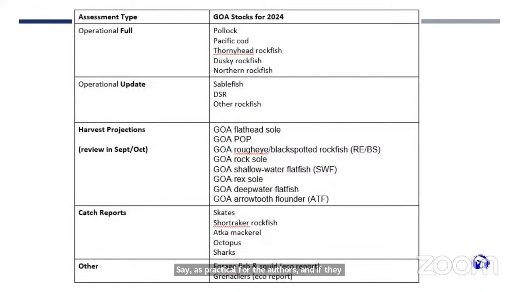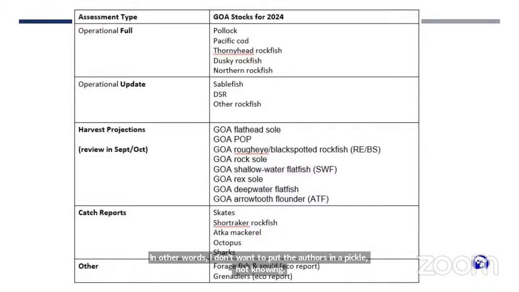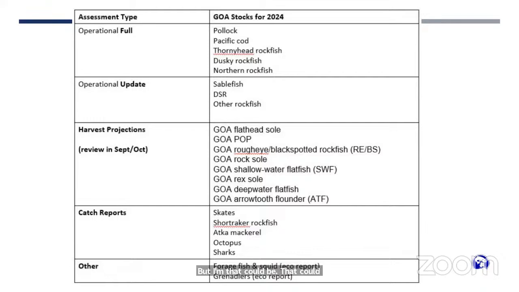If not, we can default to what has currently been used and just delay it for another year. In other words, I don't want to put the authors in a pickle, not knowing their timing. But that could be another way to do it. Say this is something that we would like to see before we change the apportionment. And if the authors can bring it forward in December, great. And if not, then we would go back with a default of what we're currently using.